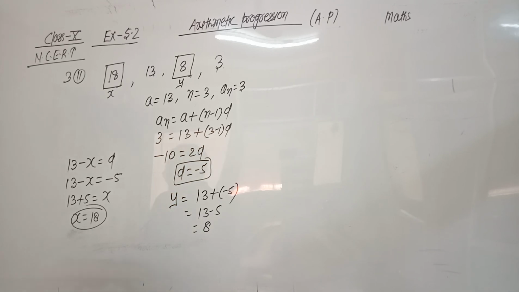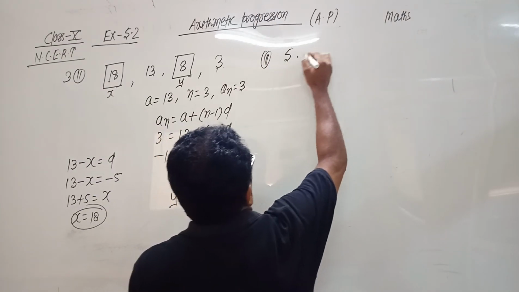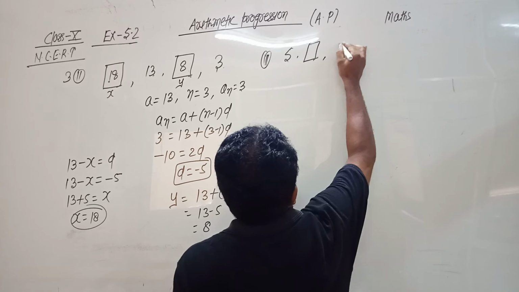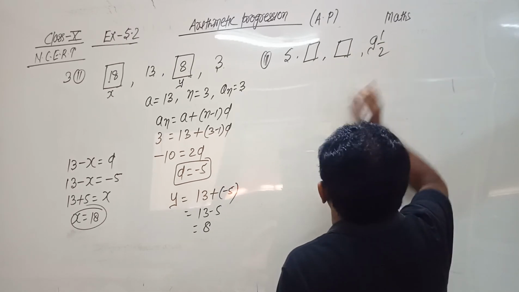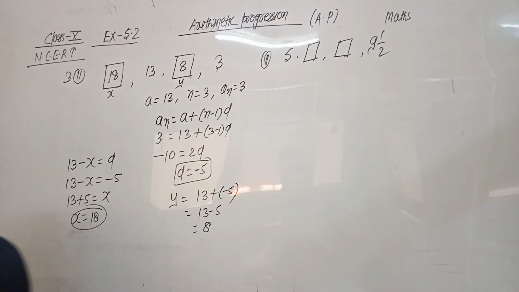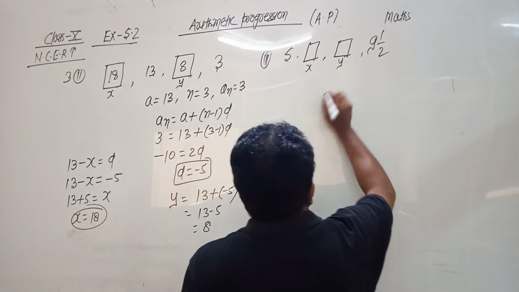Now let us see the third part of this question. 5, and 9 upon 2. The last term is 9 upon 2. Write down here x and here y.